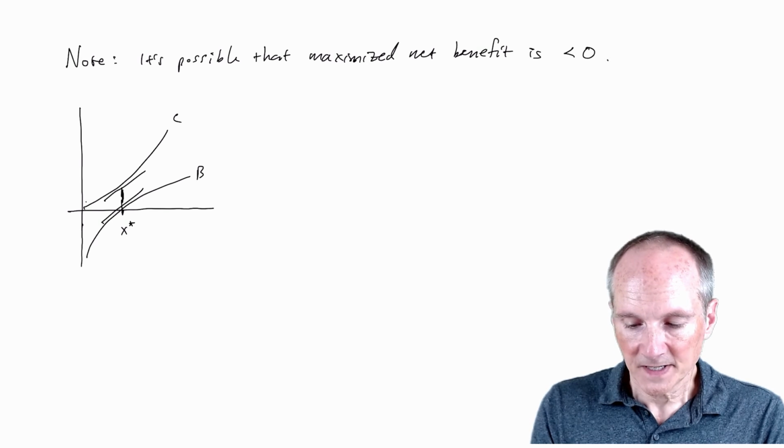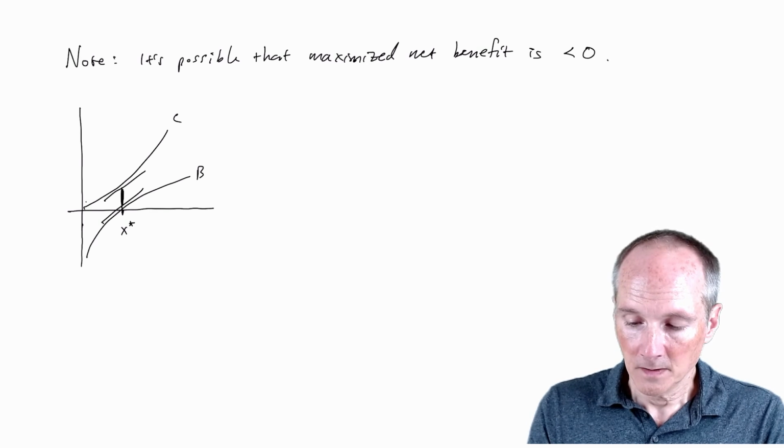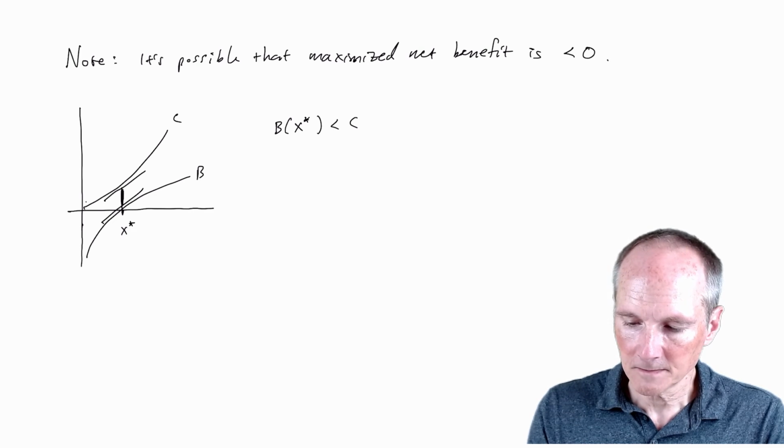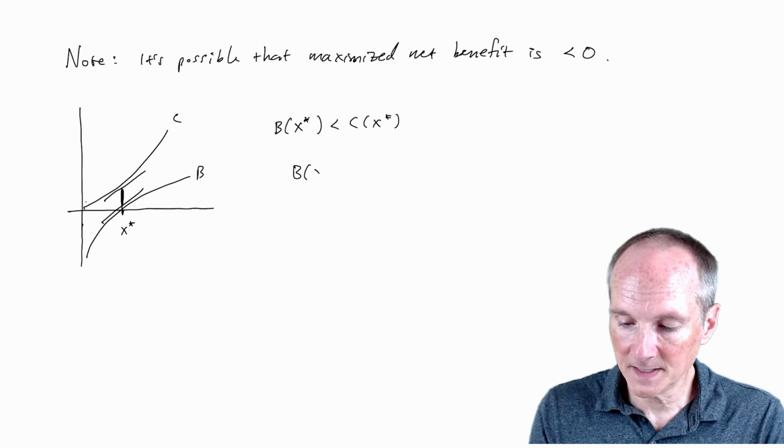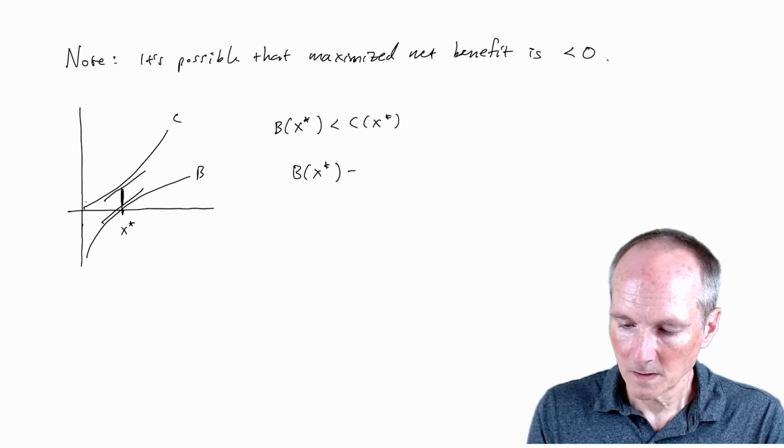But at that optimal scale, the benefit is less than the cost, and so that means the maximized net benefit is negative.